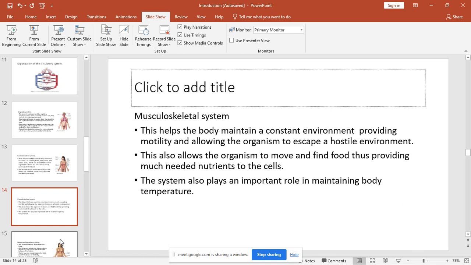This way, you as an organism, if let us say you are in a hostile environment, and by that I mean you're in a room that is becoming too hot and you feel the sweating, you know that if you stay here too long, you're going to die. So the muscle will help you to move yourself as an organism from a hostile environment. But the muscles are also important in that they help you as an organism to hunt. How are you going to find food? We also know that the muscles are important in regulating temperature.